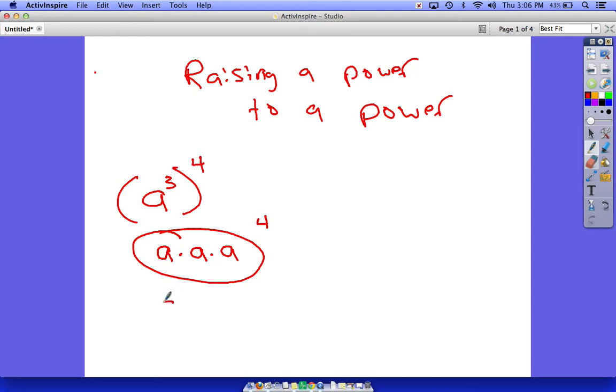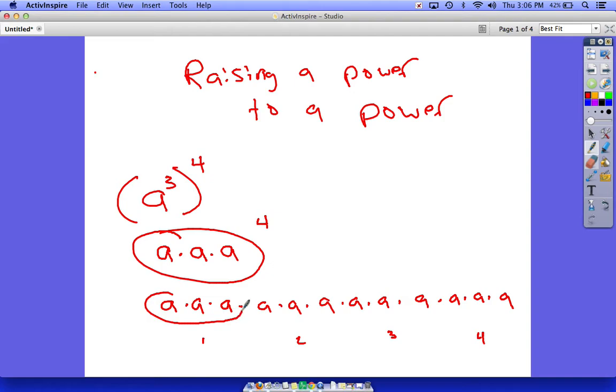So what we would really have is a times a times a, that's first power, times a times a times a, that'd be second power out of the 4, times a times a times a, that would be third power out of the 4, times a times a times a, that would be all 4 powers.